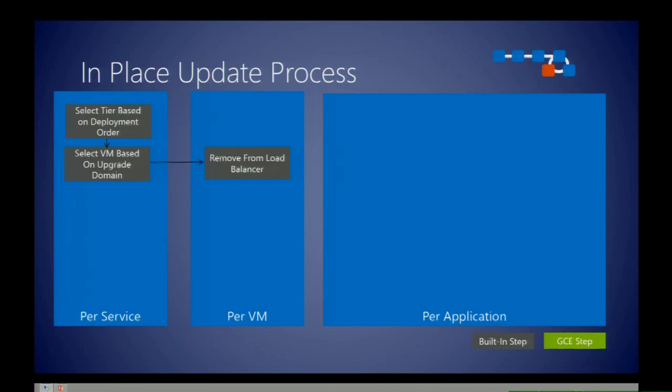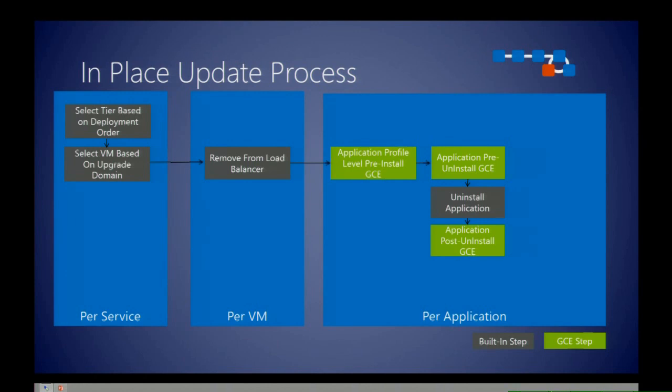So it's going to remove the VM from the load balancer. It's going to do all the pre-installation process that you've defined in the service template. It's going to uninstall the application and do all the pre-install. This will make more sense when I'm showing what it looks like to do an update.